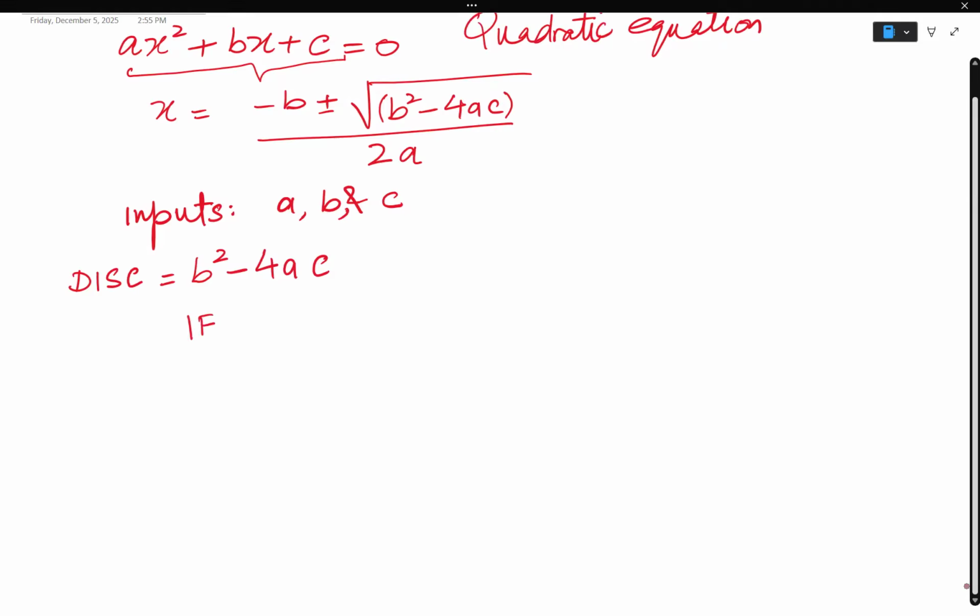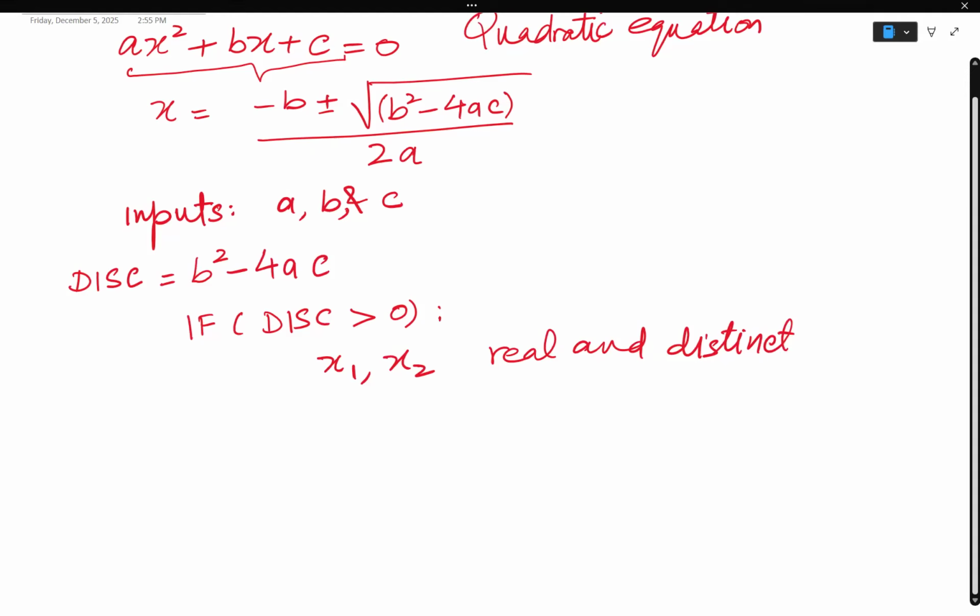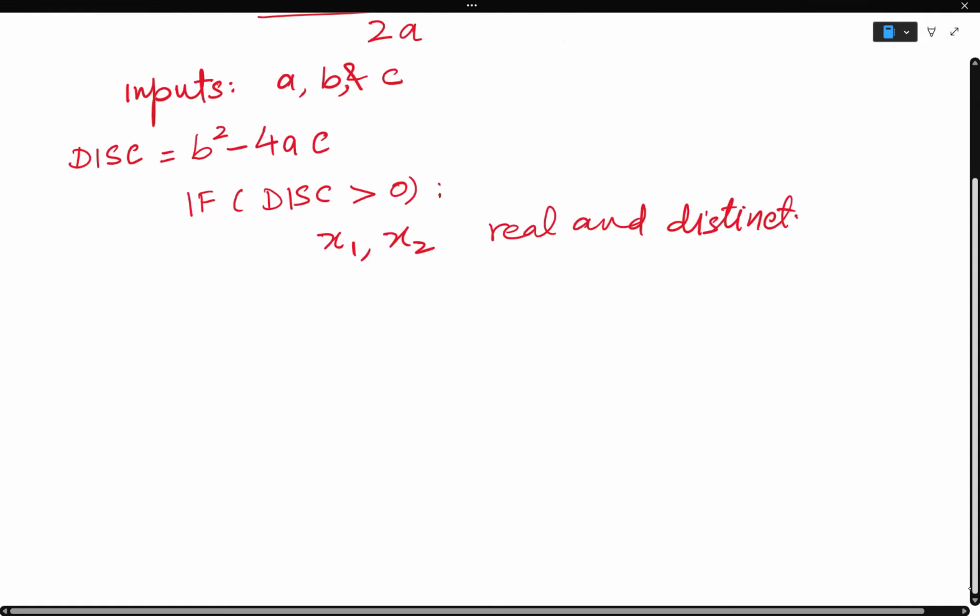So we are going to encounter this situation: if the discriminant is greater than 0, then we have distinct x1 and x2, and they are going to be real and distinct. Okay.